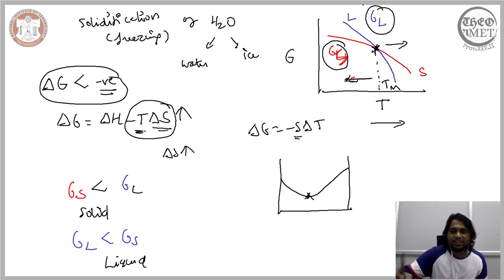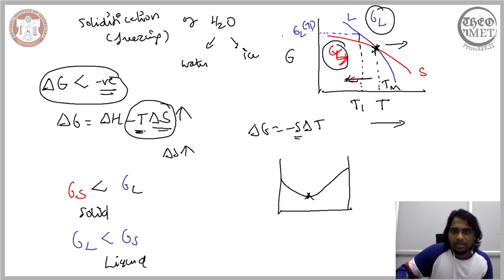Now for every temperature here, for instance, if we are considering a temperature here, say T1, the Gibbs free energy of the liquid is this at T1, and the Gibbs free energy of the solid is this. So we have a noticeable difference between the Gibbs free energies.